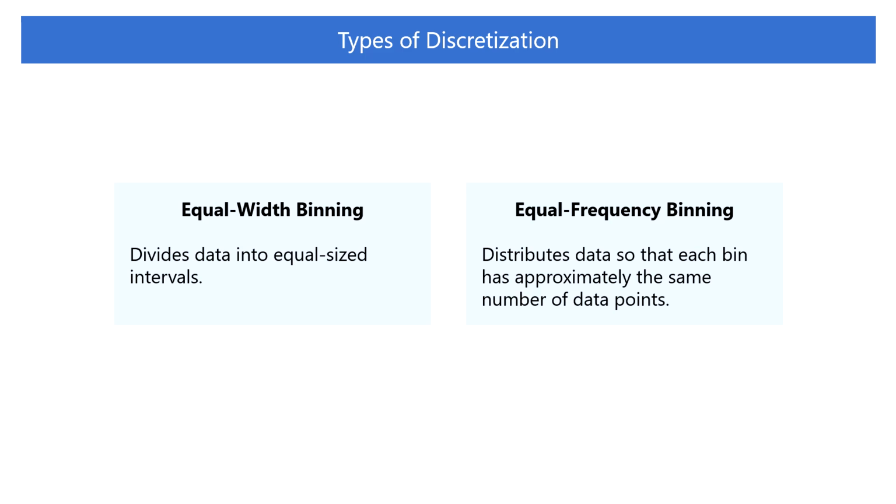There are two primary methods for discretization. Equal width binning. It divides data into equal size intervals. Equal frequency binning. It distributes data so that each bin has approximately the same number of data points. Let's explore how each works.